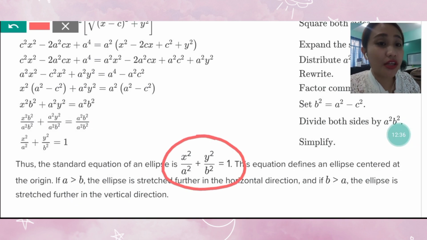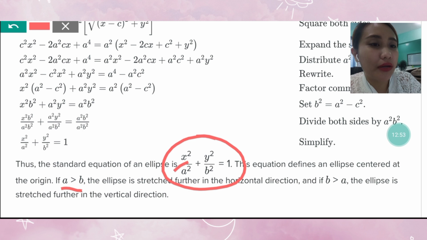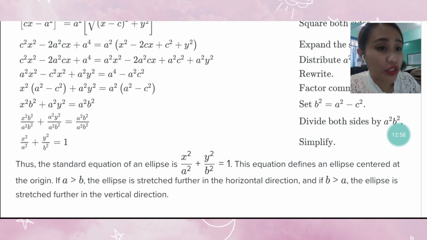Thus, the standard equation of an ellipse, take note of this one, is x squared over a squared plus y squared over b squared equals 1. This equation defines an ellipse centered at the origin. If a is greater than b, the ellipse is stretched further in the horizontal direction, and if b is greater than a, the ellipse is stretched further in the vertical direction.